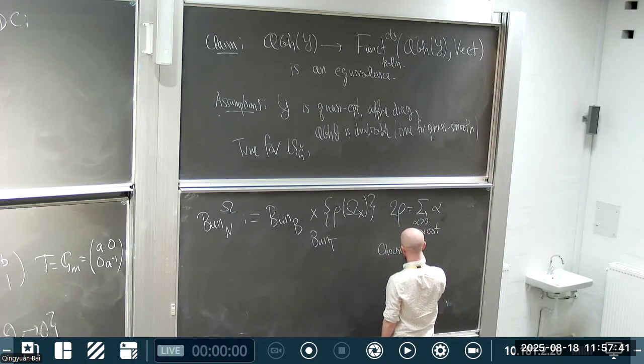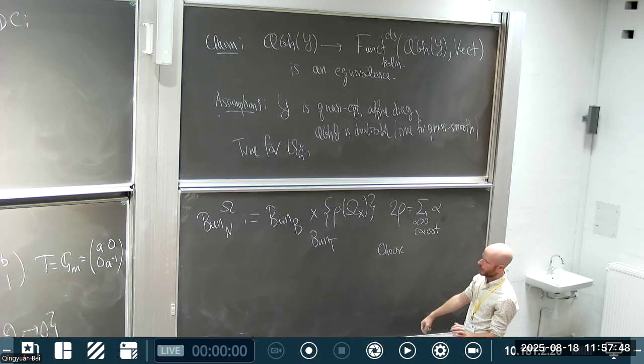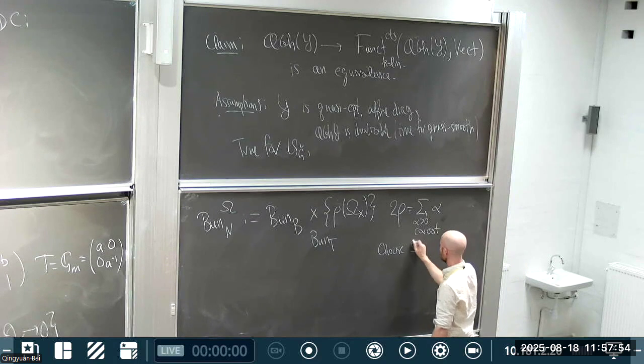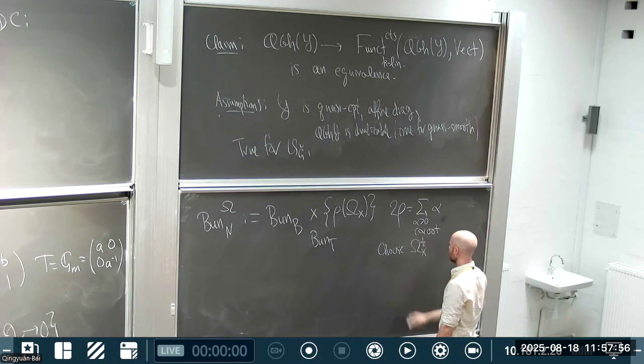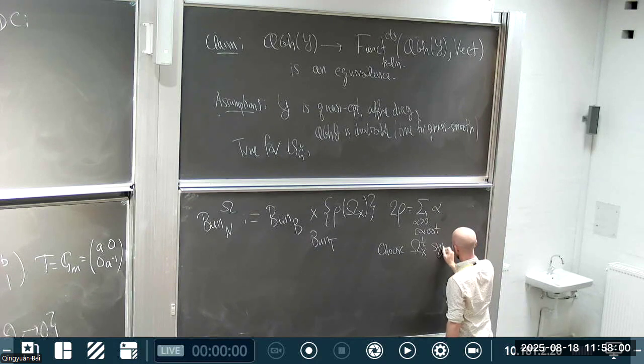One of the things: if you wake up and say, I want to work on geometric Langlands today, there's a few things you should fix. You should fix a reductive group, you should fix a curve, and you should also choose a square root of the canonical bundle on that curve.